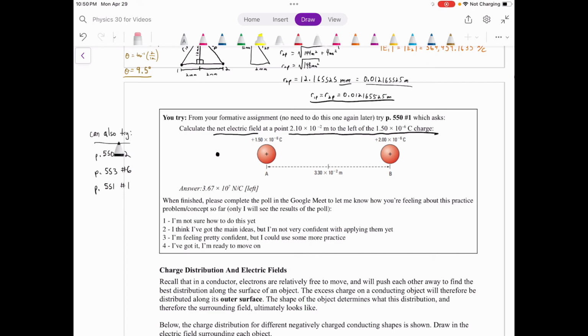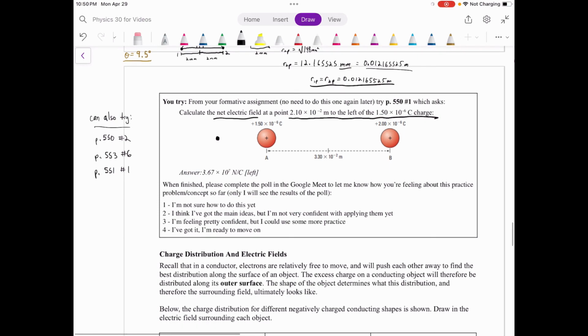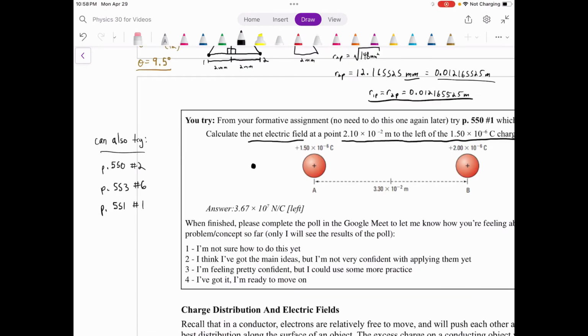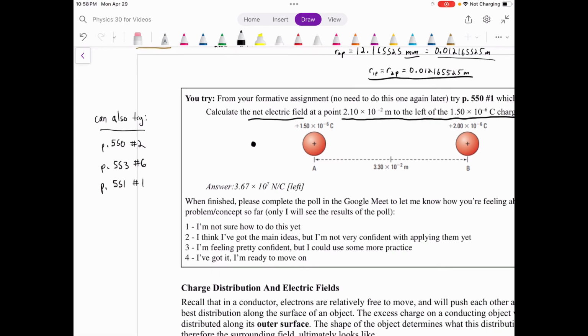So go ahead, take a break from listening and try it out on your own. Like I always say, physics is like riding a bike. You can't just watch someone else do it. You've got to try it yourself to really understand it. As always, folks, my solutions and the textbook solutions are posted for all the practice questions. If you're getting stuck, you can reach out to me and book a meeting, but you can also look to those for some guidance or a push in the right direction.